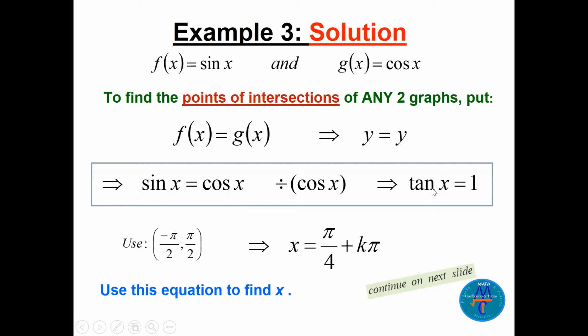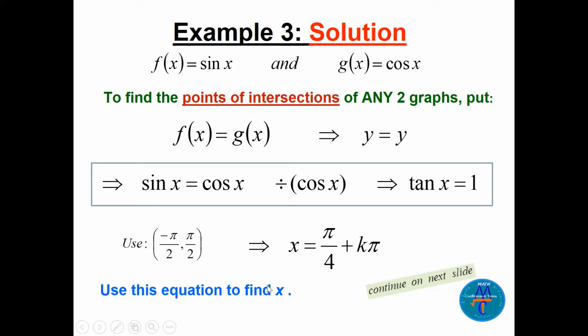Then I will have tan of x is equal to 1. Now remember here, I can divide by cosine of x because I'm not losing any solution. So here we have to look for all the values of x in this interval minus pi over 2 to pi over 2. So what are these x? X will be pi over 4 plus k pi because the period of tan is pi, remember.